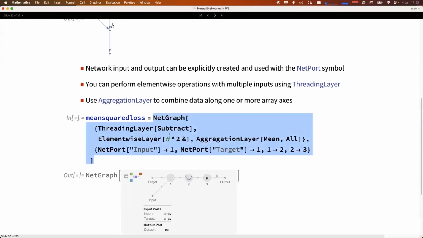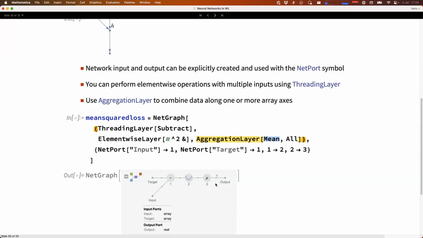What I do is I use a spreading layer, which is basically elementwise, but between two arrays instead of one array, and you subtract. Then I use an elementwise layer that does the square, which is this one. And then I use an aggregation layer that is basically collapsing one axis of the array. Actually, in this case, all axes of the array. And I say use this operation to collapse them, which is mean.